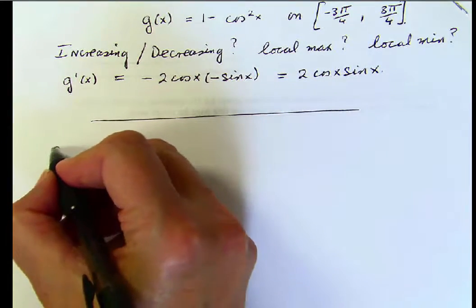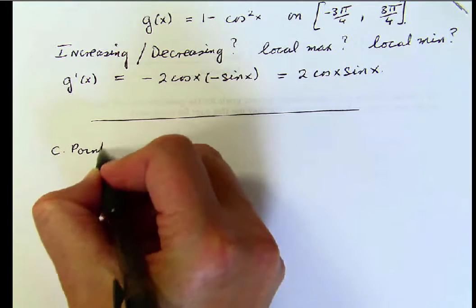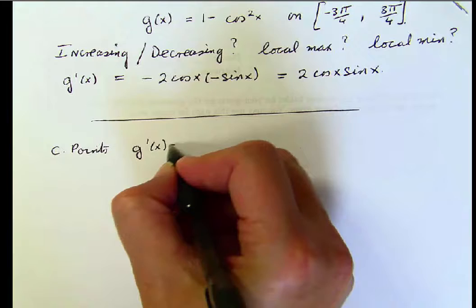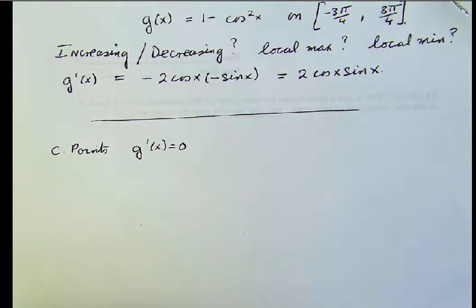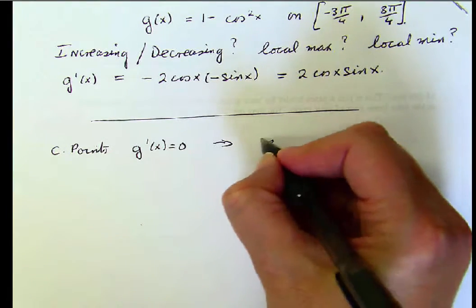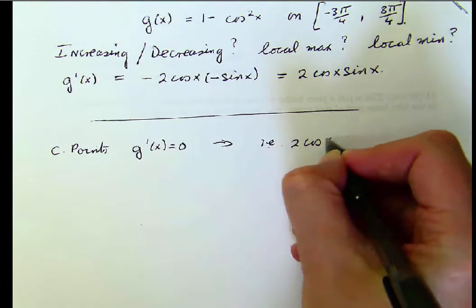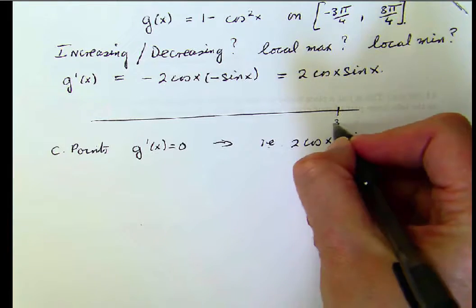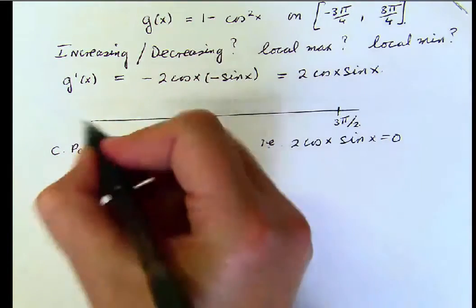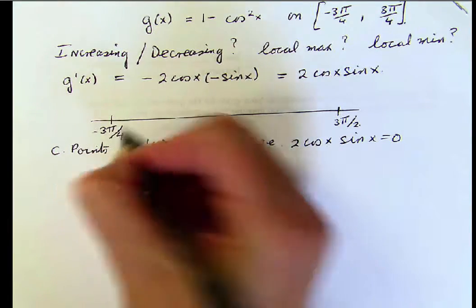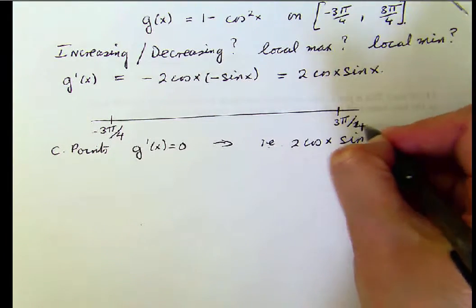So first of all, we'd like to find the critical points, and that's going to be where g prime of x equals 0 in this case, because g prime of x is defined everywhere. Setting g prime of x equal to 0, we get 2 times cosine of x sine of x equals 0, and the limits of our interest here are from x equals minus 3 pi over 4 to 3 pi over 4.